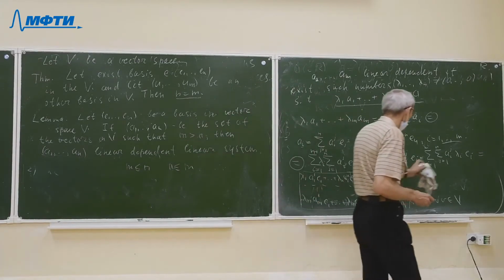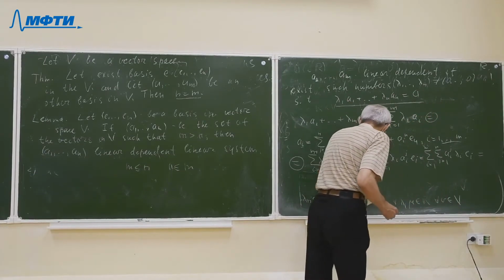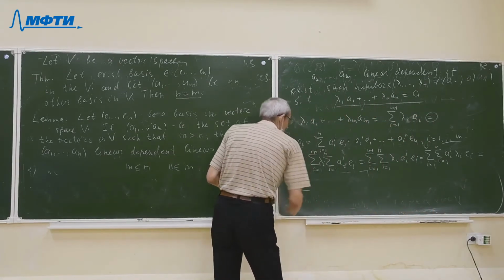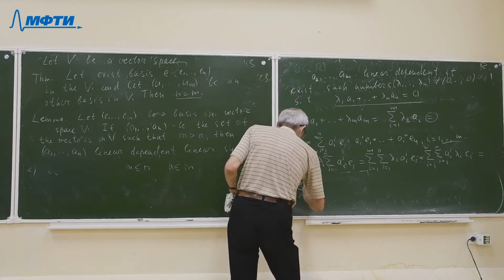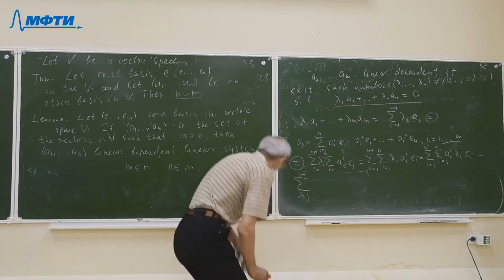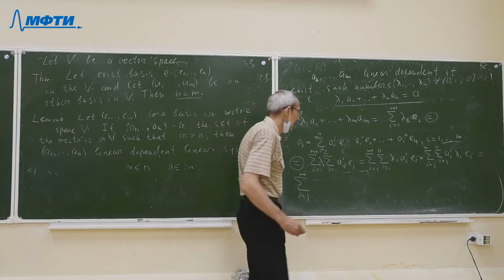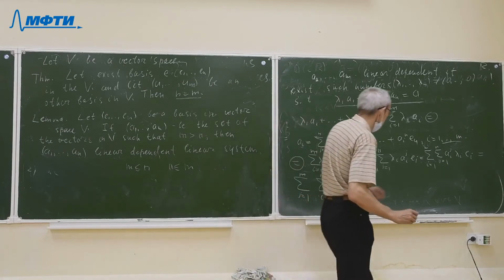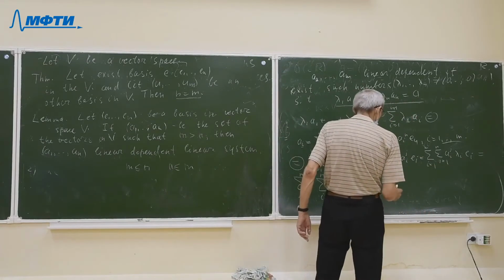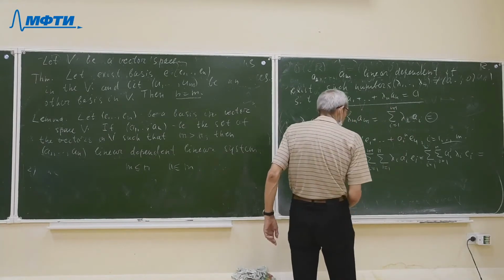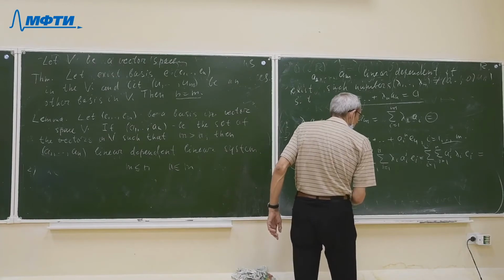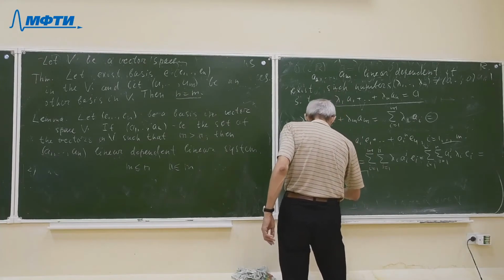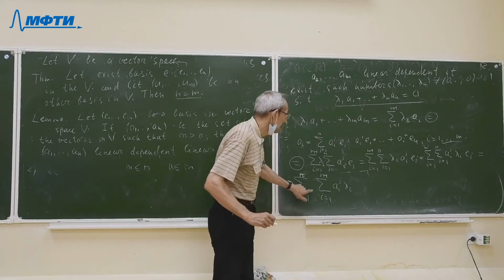And I obtain the following sum. To change the order of sums, I obtain the outer sum by j and the interior sum by i, oh, I'm sorry, the interior sum by m.